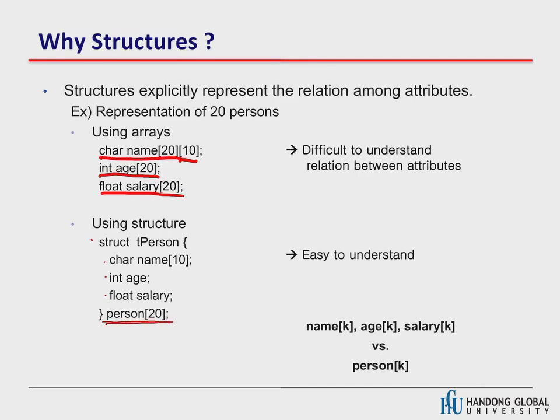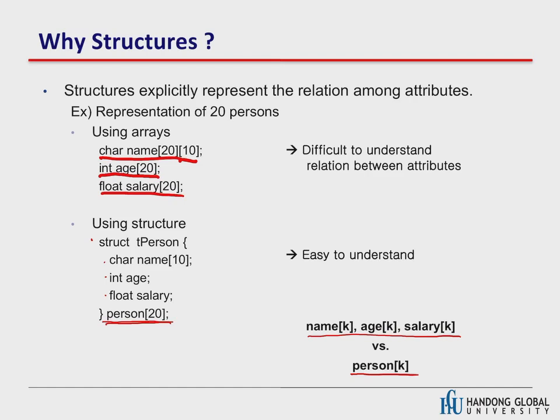When we implement something like a contact list without a structure, we have to handle all these arrays. But with a structure, we can manage all the persons with one array, which is an array of structures.